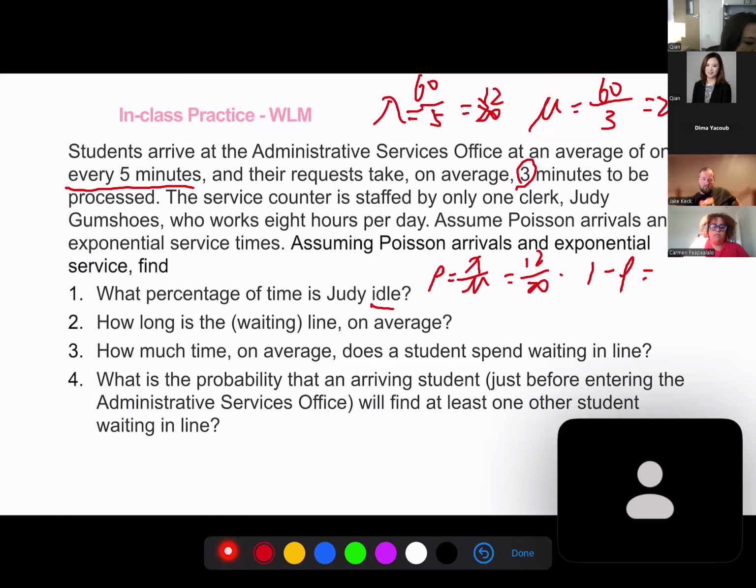It asks for WQ, WS, LQ, or LS. You need to figure that out first. For waiting in line, is it S or Q?